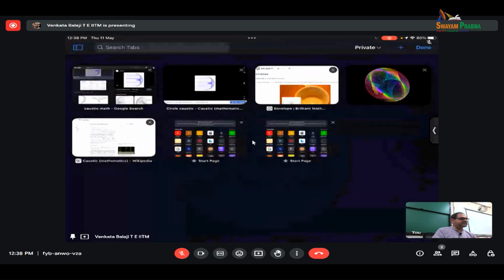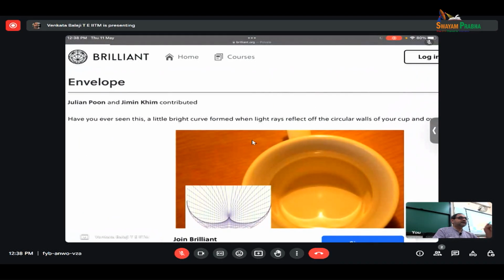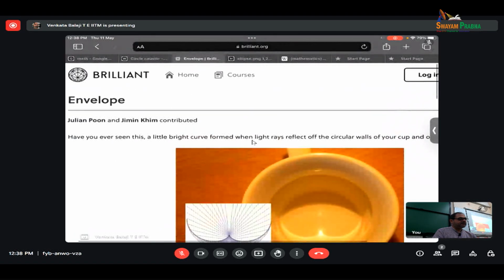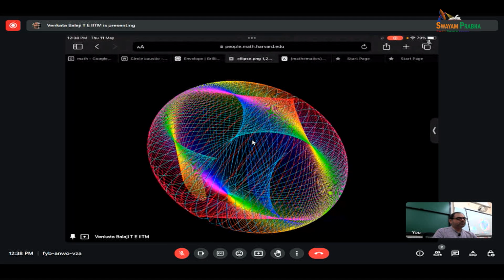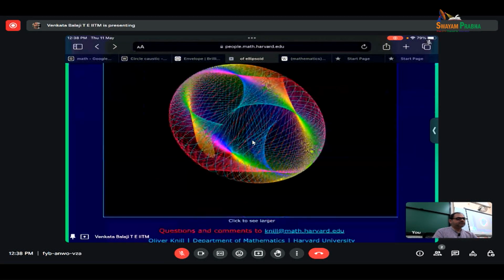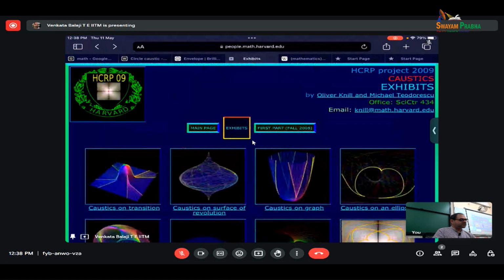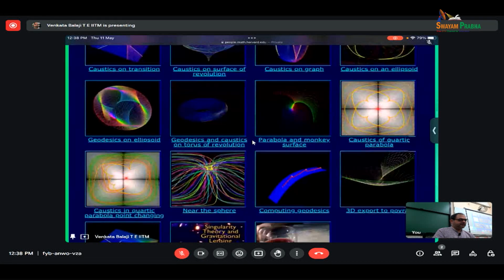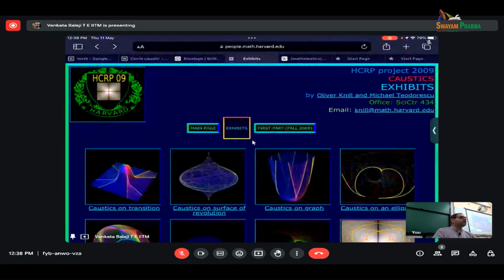There are some very amazing things. This is, of course, the shape I told you that's formed on a teacup, and you must go back and look at this. There are a lot of nice pictures of caustics. And this is from Harvard. You do a search, you will get this.